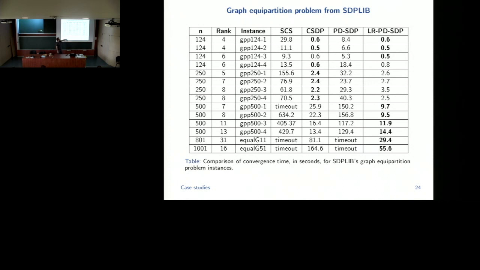And the last one is the problem with approximate spectral decomposition. As you can see, the problem typically has low rank, although the side of the matrix is n, so 124, 250, 500, up to 1,000. And the rank is much smaller than the full rank of the matrix.